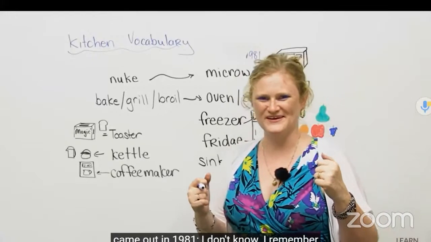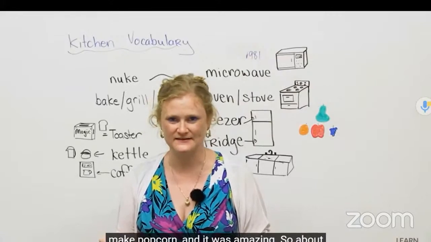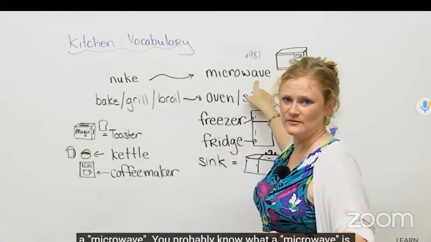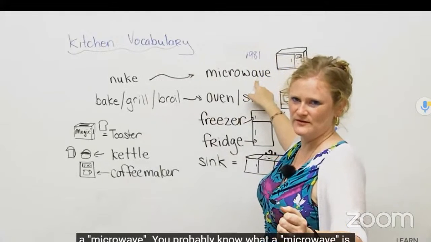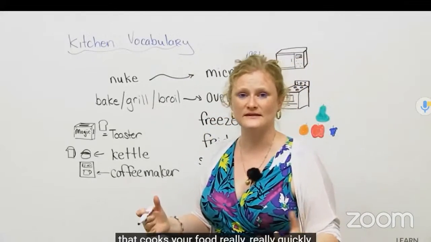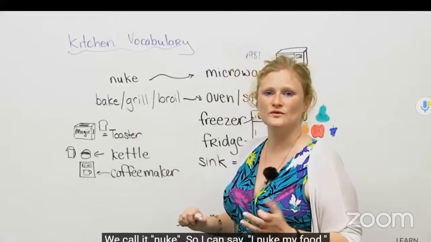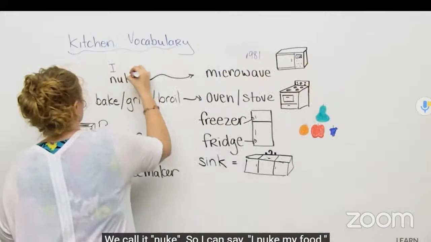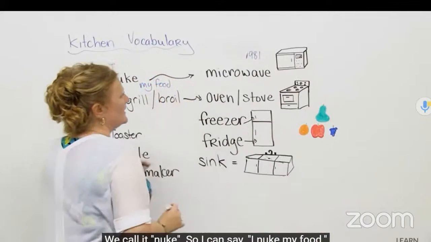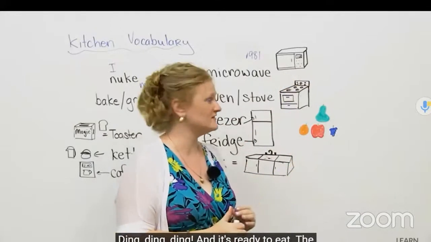I remember in my house getting one in 1983, and I could make popcorn, and it was amazing. You probably know what a microwave is, but if you don't, it's like a little oven that cooks your food really, really quickly. We actually developed a new word for this, we called it nuke. So I can say, I nuke my food. That means, I put my food in the microwave. Ding, ding, ding, and it's ready to eat.